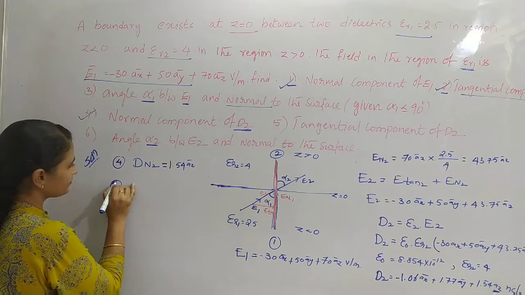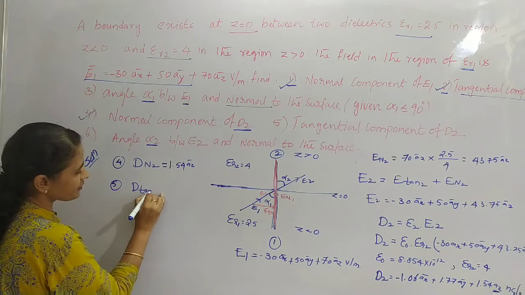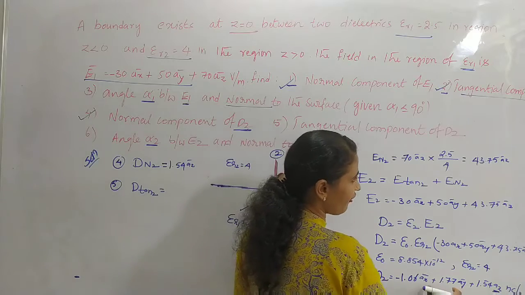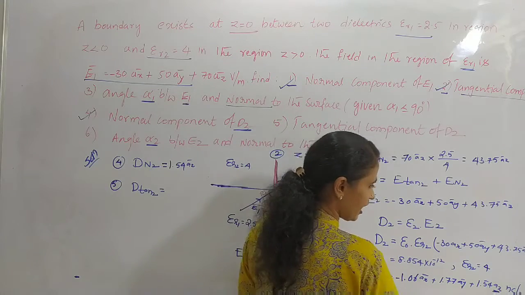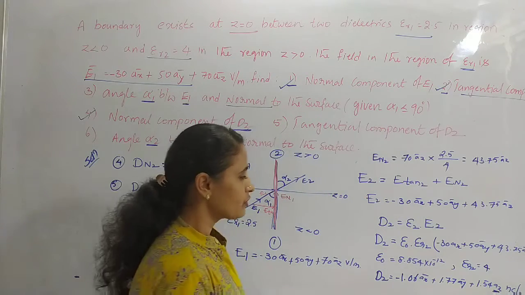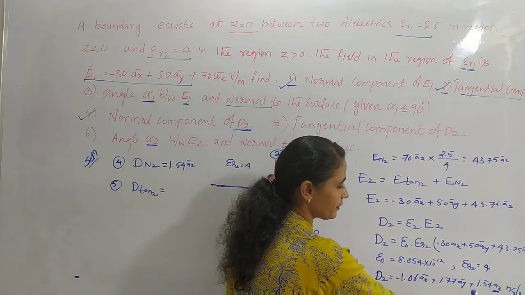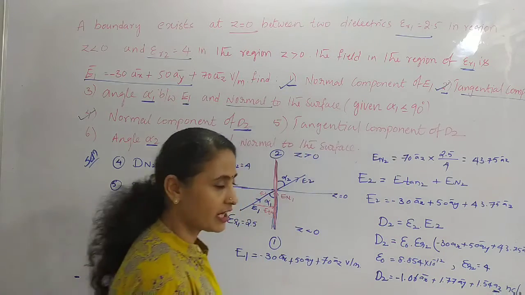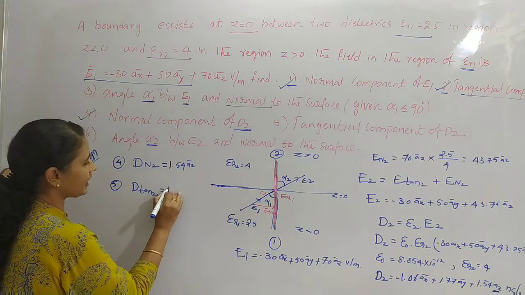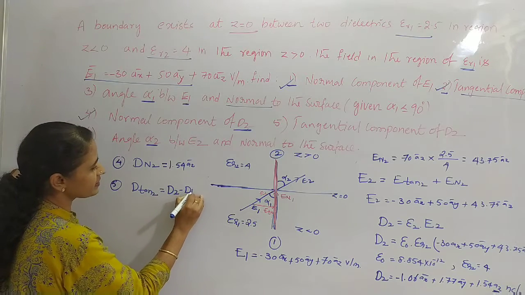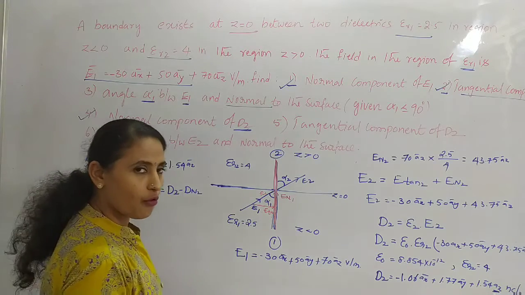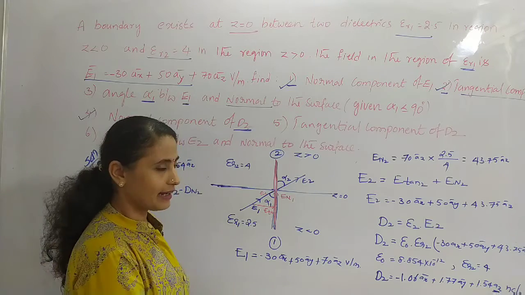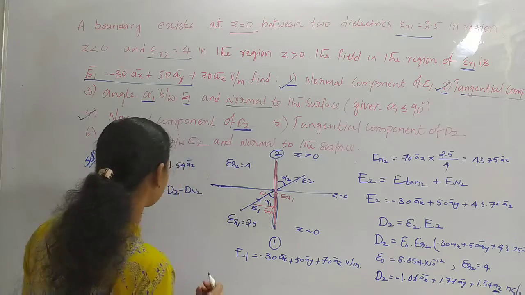So this is our fourth bit, and our fifth bit is the tangential component. In the fifth bit we need to find the tangential component of D2, and D2 is the sum of the tangential and normal components. Out of these, this is the normal component. What will be the remaining two terms? The tangential, or I can write it as D2 minus dN2, means out of the whole D2, remove the normal component dN2, and what is left over will be our tangential component.